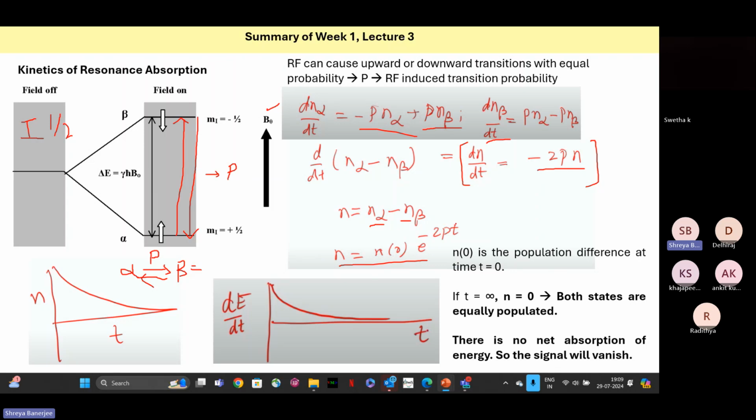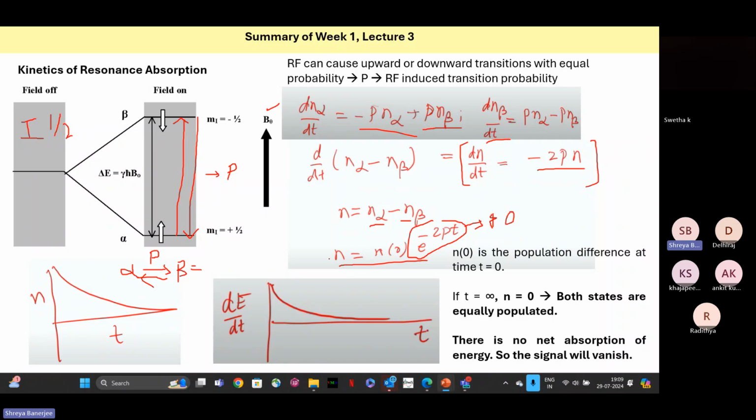So if t is 0, this entire term becomes 1 and n is n0.